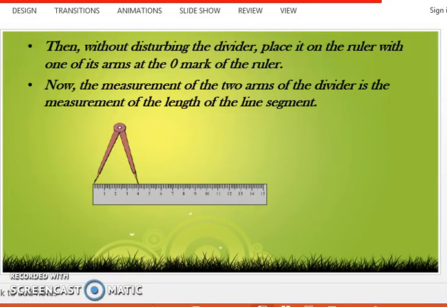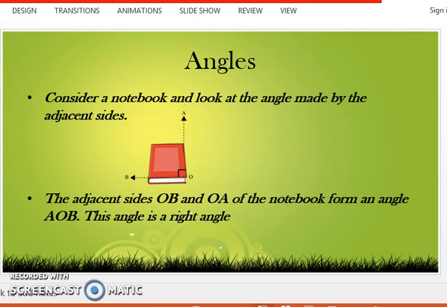Now the distance between the two arms of the divider is the length of the given line segment. As the divider has sharp ends, it will always give us a better way of measurement. So we should always measure a given line segment by using a divider and placing it on a ruler for better accuracy.